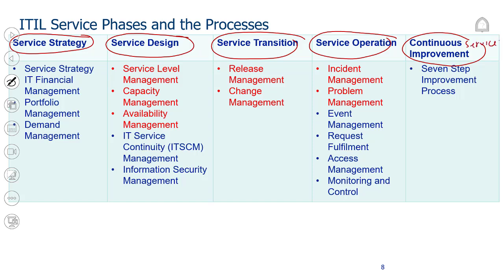So within the phases, we have the processes. The most important things are the processes, not actually the phases. What you will be asked is either to identify the phase and then a process within that particular phase.